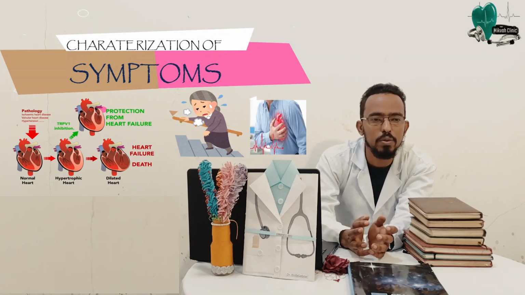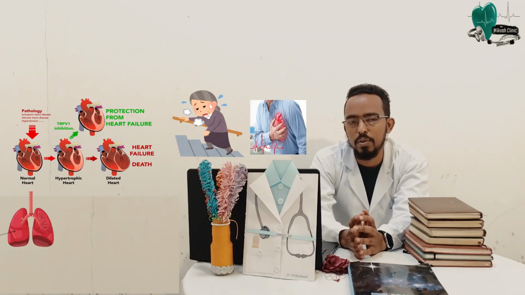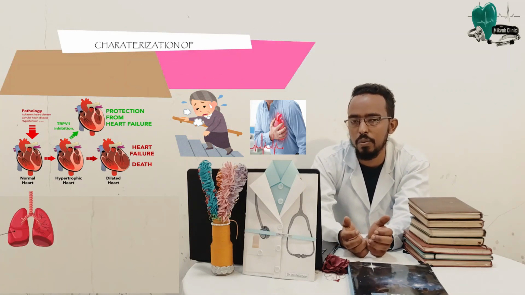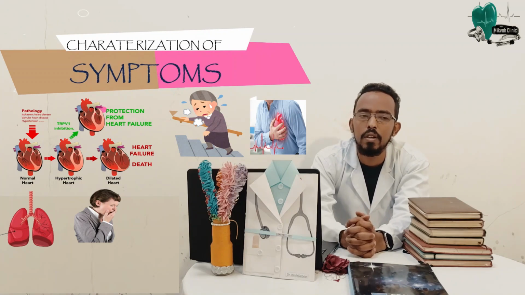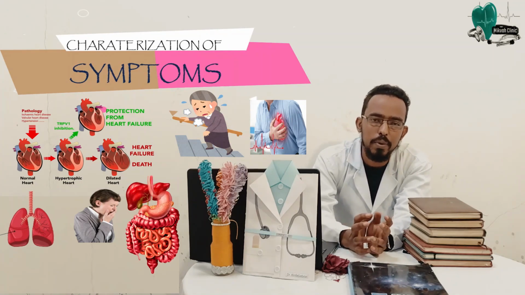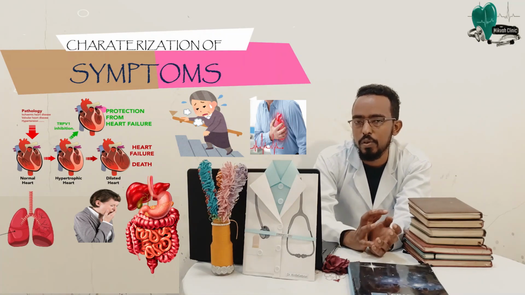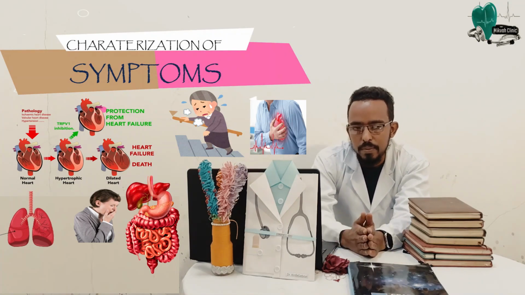When we discuss pulmonary pathologies, we will discuss in detail how we take the history of cough, a patient presenting with cough, and the GI system of vomiting, diarrhea, or yellowish discoloration of the skin and the like.